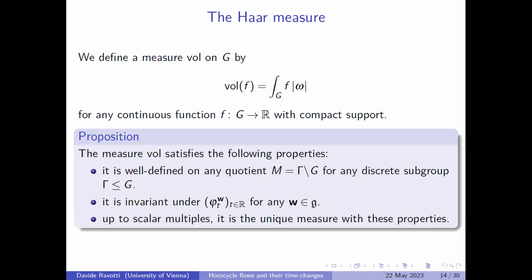Yes, sorry, so this proposition is true because you assume the quotient to be compact, or no, this is true in general? You don't need a finite volume of the quotient to have invariance. You need the existence of a finite volume quotient.